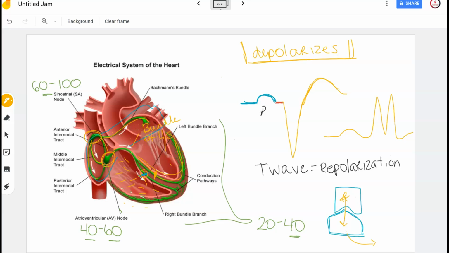We call that the bunny ears, okay? But that's usually the bunny ears, a notched looking QRS, is indicative of a right bundle branch block. And this is usually indicative of a left. No, that's about it. So I hope that helps.